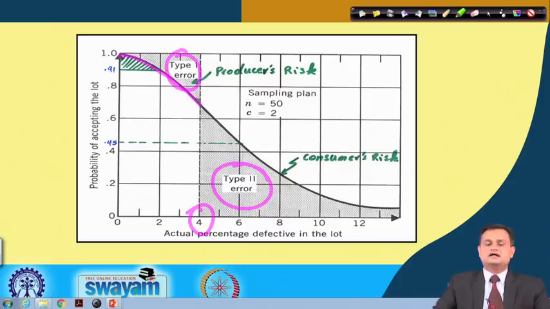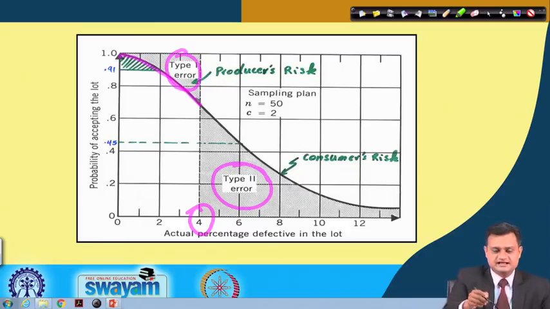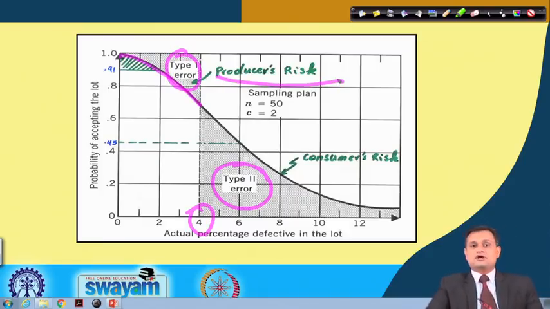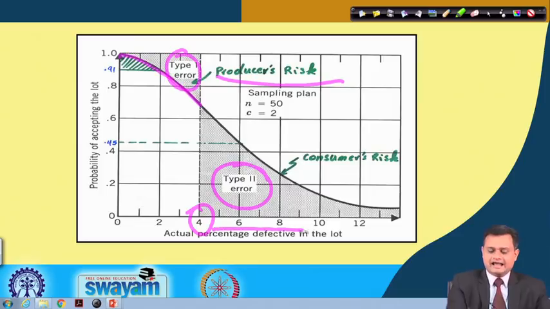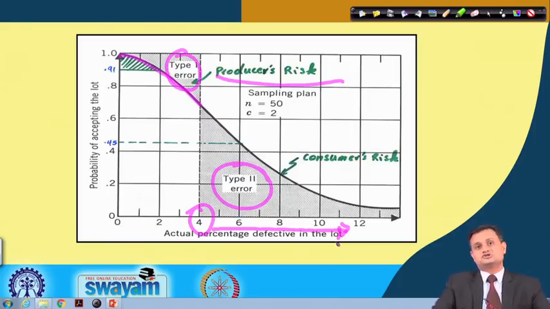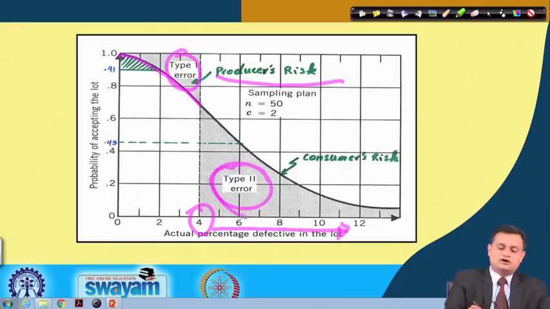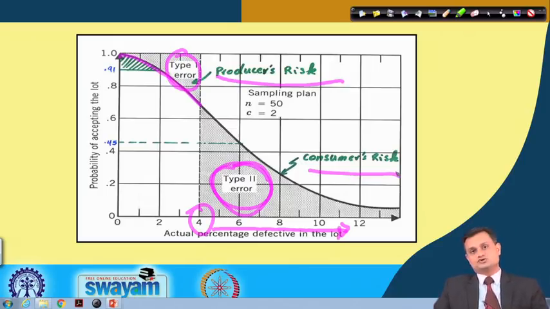So here if I reject the lot, my producer is at risk. So this is called my producer's risk, because the percentage defective is less, and still I reject the lot, so my producer is at risk. When I go for higher percent defective, and suppose I accept the lot, then I as a consumer am at risk, and this is typically called type 2 error, and it is my consumer's risk.